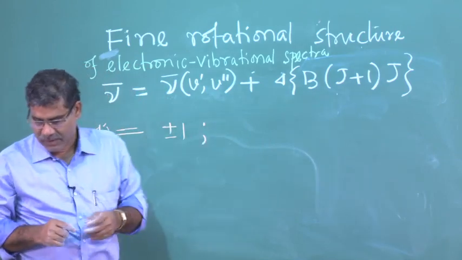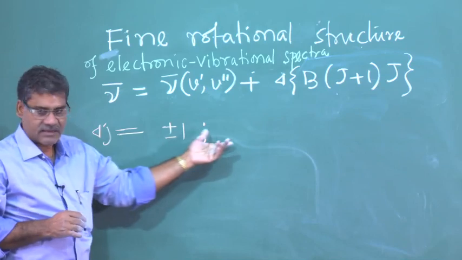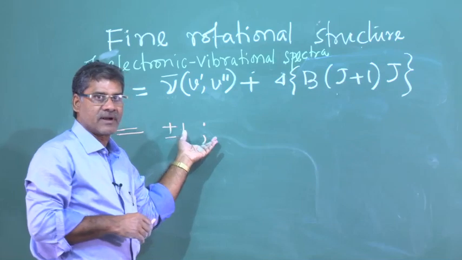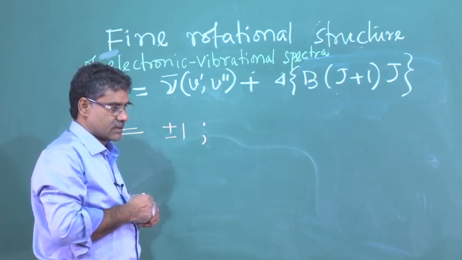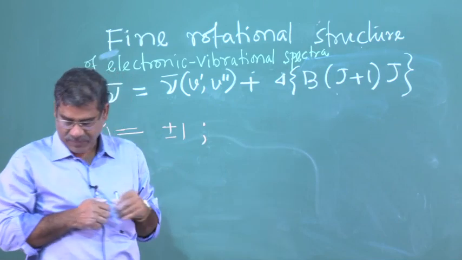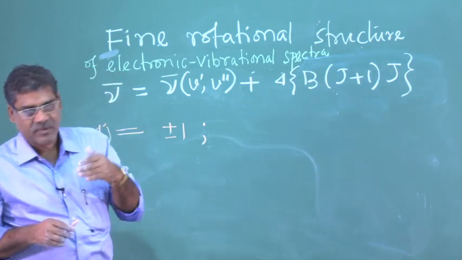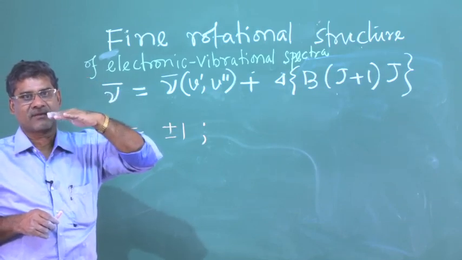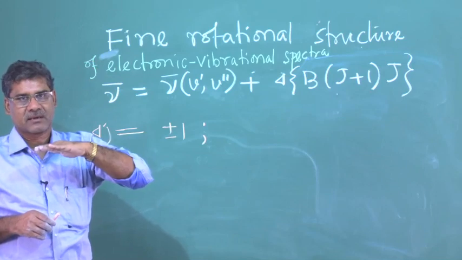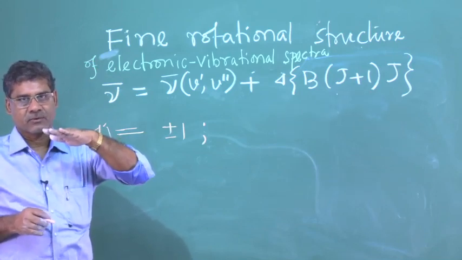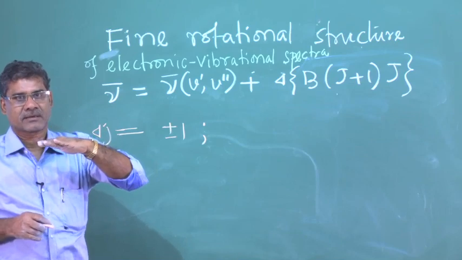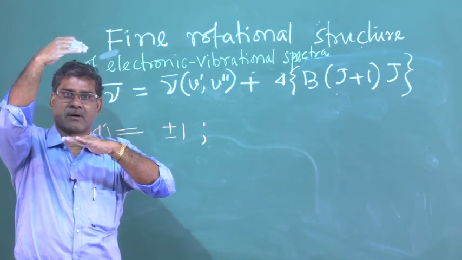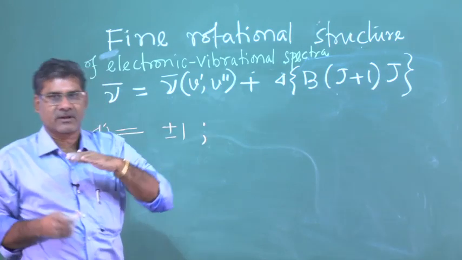When this selection rule is valid, it is telling that the transition is between states, upper and lower electronic states. So, from rotational states in the lower electronic state, there is a transition to the upper rotational state in the upper electronic state.